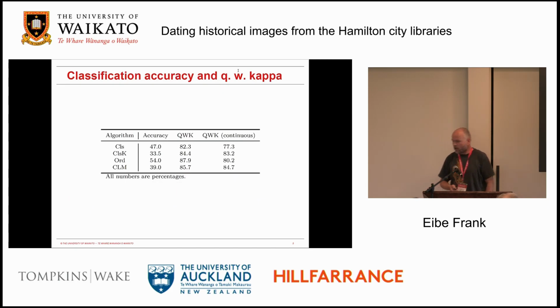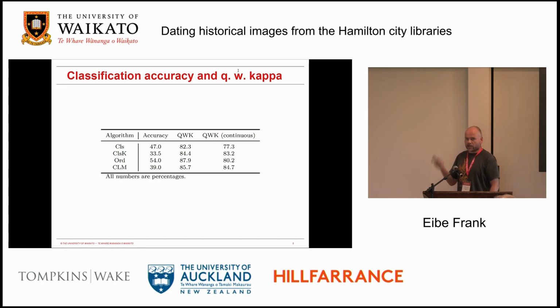You can also look at classification accuracy if you look at just getting the decade right rather than the exact year. It turns out that ordinal classification actually helps there as well. So it's better to use the order information in the targets rather than just treating it as a plain classification problem. The simple binary decomposition method actually worked best in terms of classification accuracy.